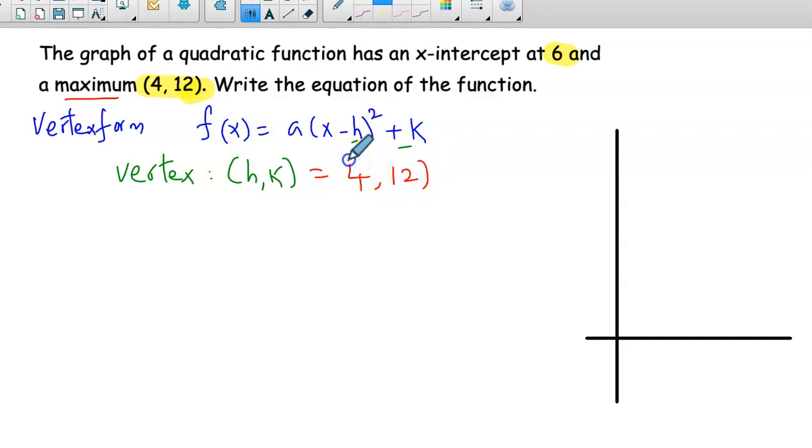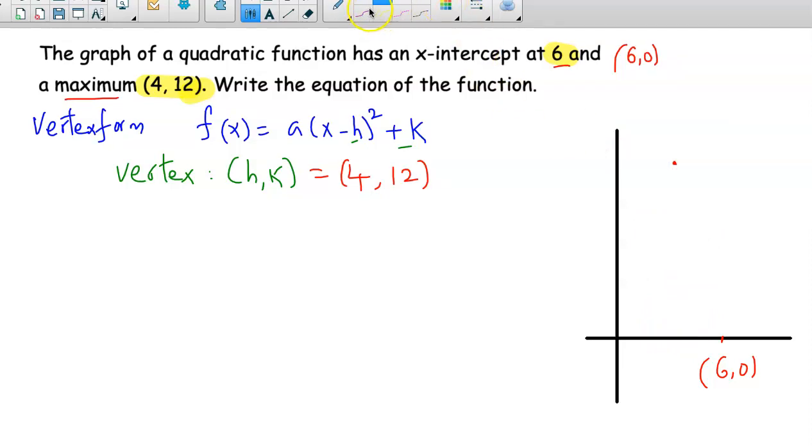So what you can do is substitute the values of h and k in this function and start moving from there. And I want to show you how the graph will look, because the x-intercept is at 6. So the graph of the function should intersect the x-axis at around this point, (6, 0) precisely, and the maximum is somewhere here.